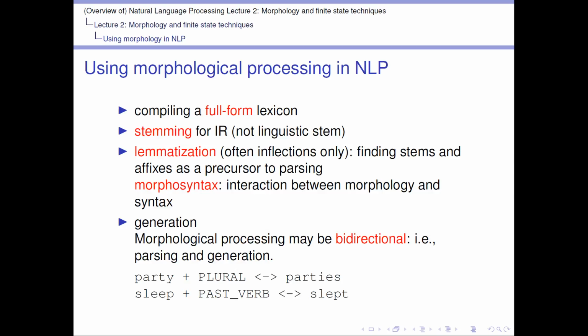Is it really necessary to store all of the variants for all of the regular verbs and all of the regular nouns? Wouldn't it be just useful enough to know, actually, for any regular verb, these are the possible things we can shove on the end. And for a regular noun, these are the possible things we can shove on the end. And that would be just a much more efficient way of storing that. It also means that if a new word comes into the language, we don't have to edit the lexicon.